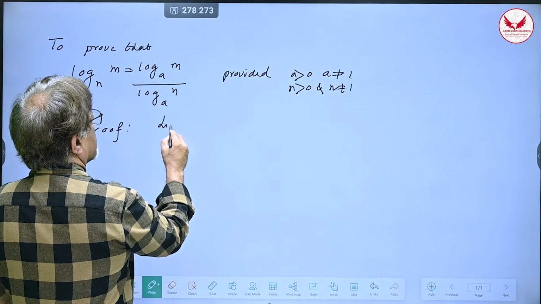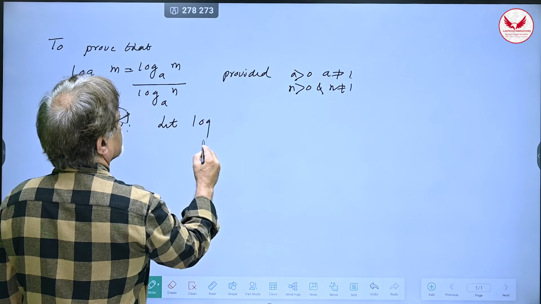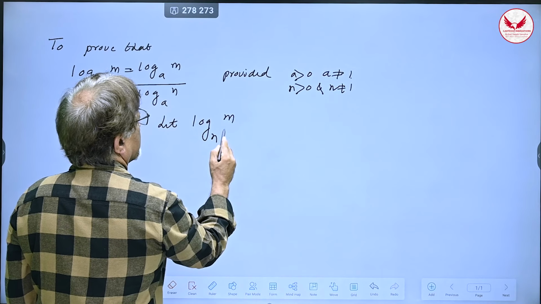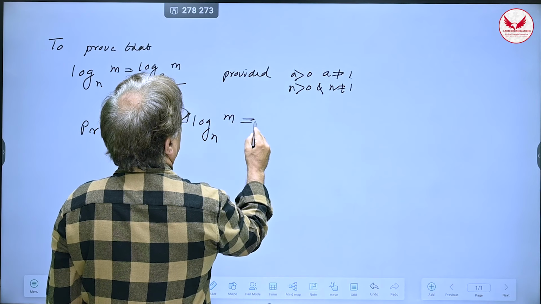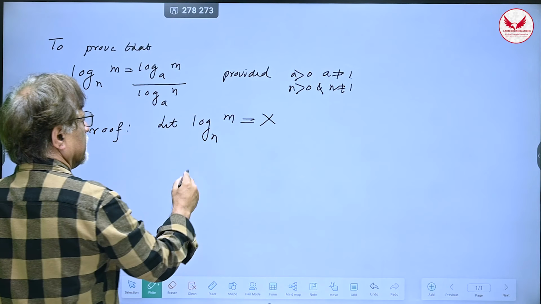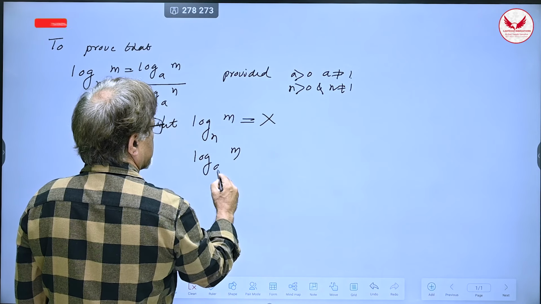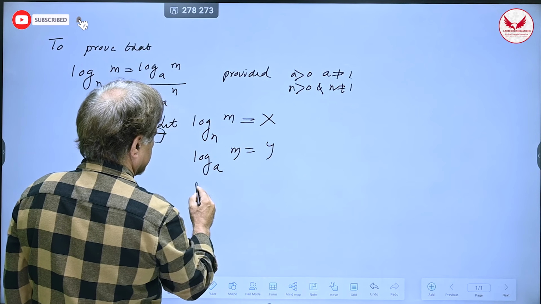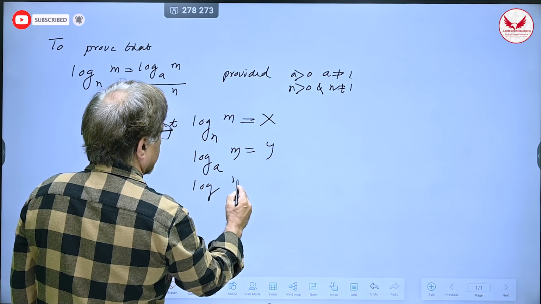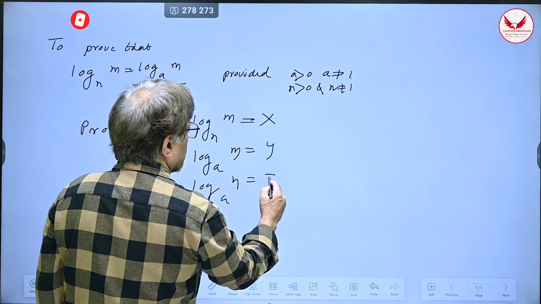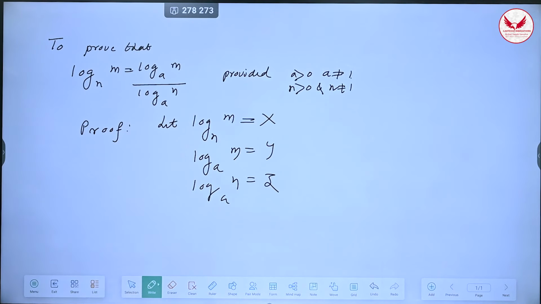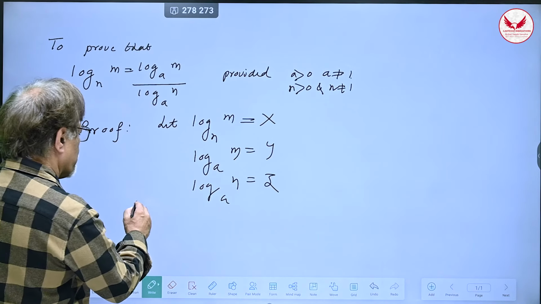Let us say log of m to the base n, let us call it x, okay? Then log of m to the base a, let us call it y. Log of n to the base a, let us call it z, okay? So what I have to prove?